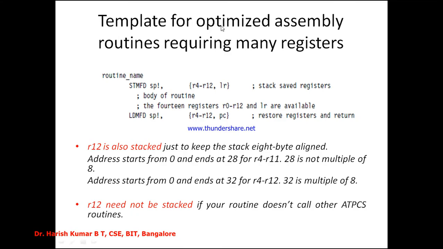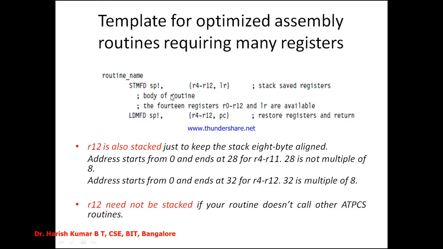Next, the template for optimized assembly routines requiring many registers. Say I need to use too many registers. We told you that you can use 14 registers for holding general purpose data. Now if I need to use all the 14 registers, and if these registers are already holding some specific data, then what do I have to do? There is a simple technique.